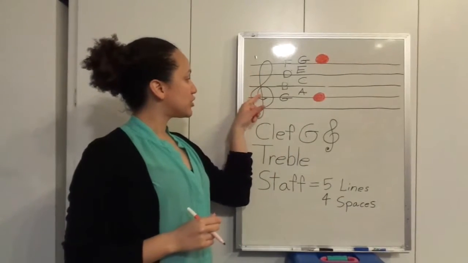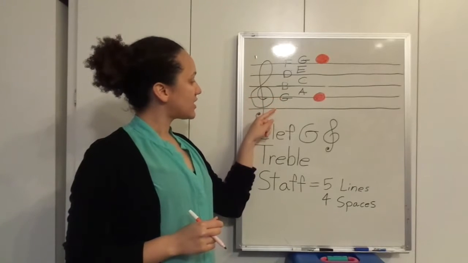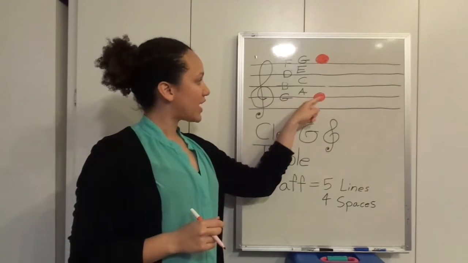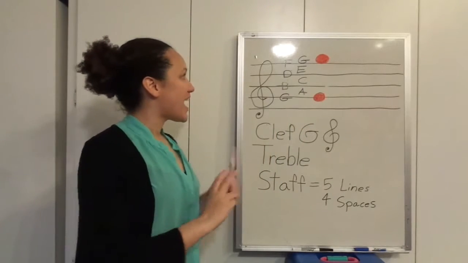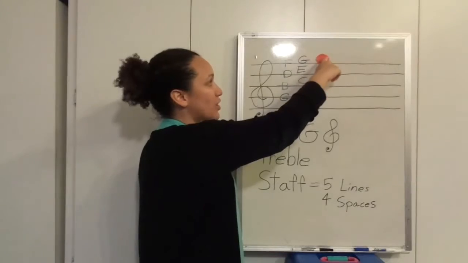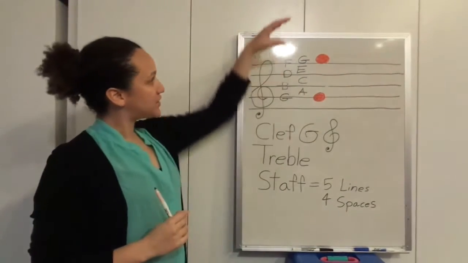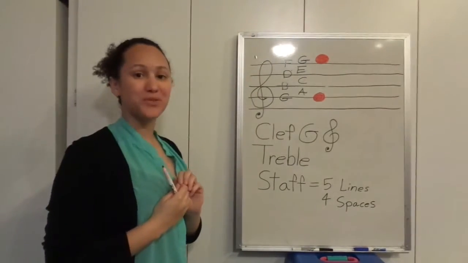Remember, the swirl goes around the second line, counting from the bottom, 1, 2. So that line goes through the G, and there's our G right there. And also sitting on top is our other G. Just kind of sits right there on top of the treble clef.